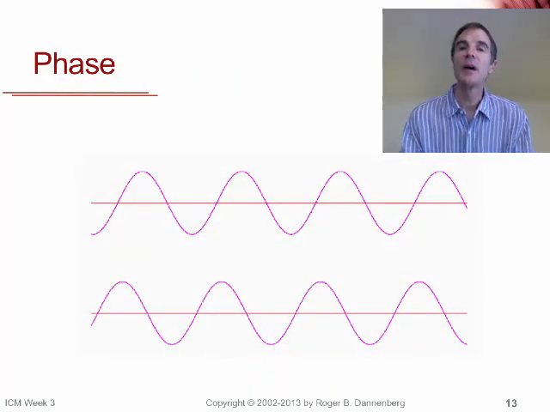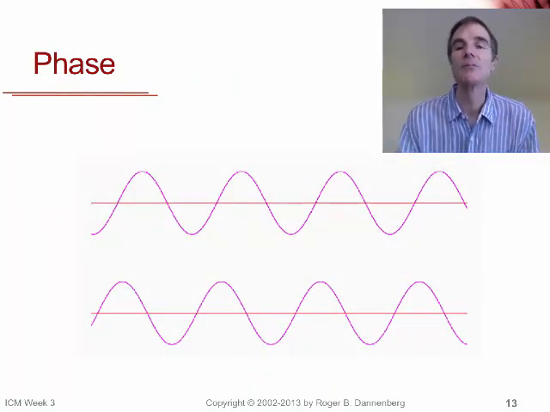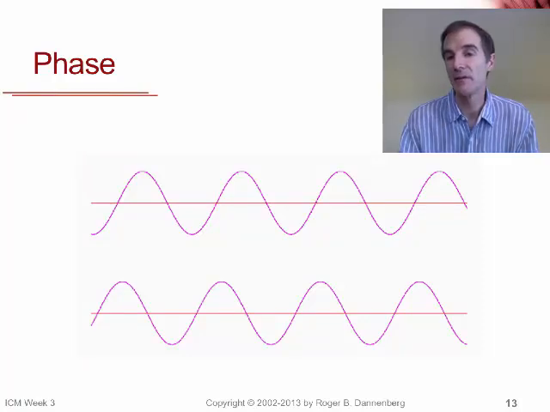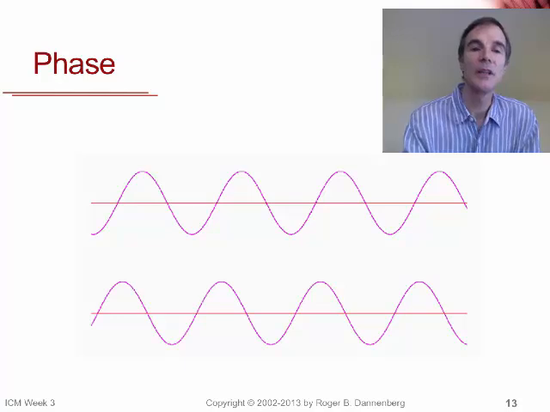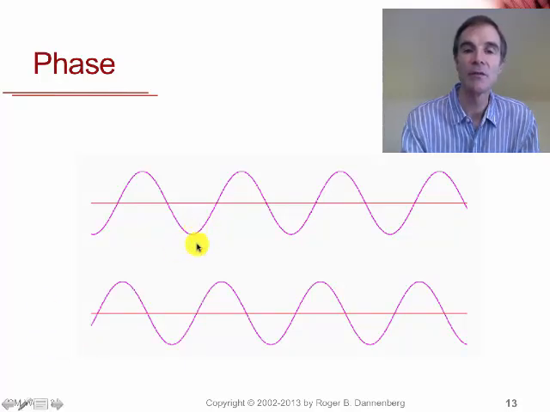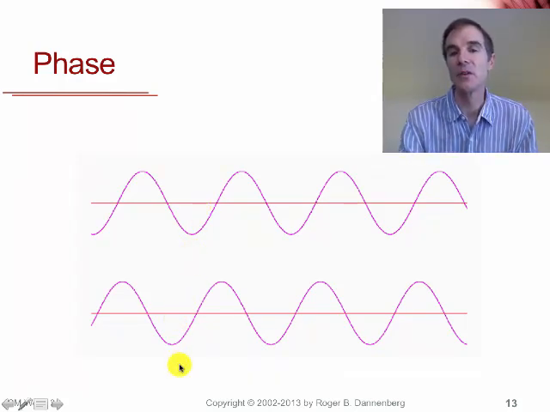Now, what do we mean by a sinusoidal component? Well, sinusoids have, first of all, phase. So if you look at these two signals very carefully, they're not identical because the upper one, it looks like, is shifted very slightly to the right relative to the lower one.